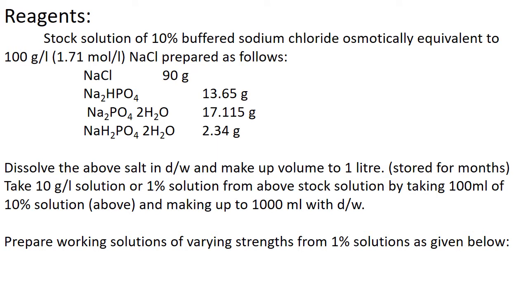Reagents. Stock solution of 10% buffered sodium chloride, osmotically equivalent to 100 gram per liter sodium chloride, is prepared as follows: sodium chloride 90 grams, disodium hydrogen phosphate anhydrous 13.65 grams, disodium phosphate dihydrate 17.115 grams, and sodium dihydrogen phosphate dihydrate 2.34 grams.